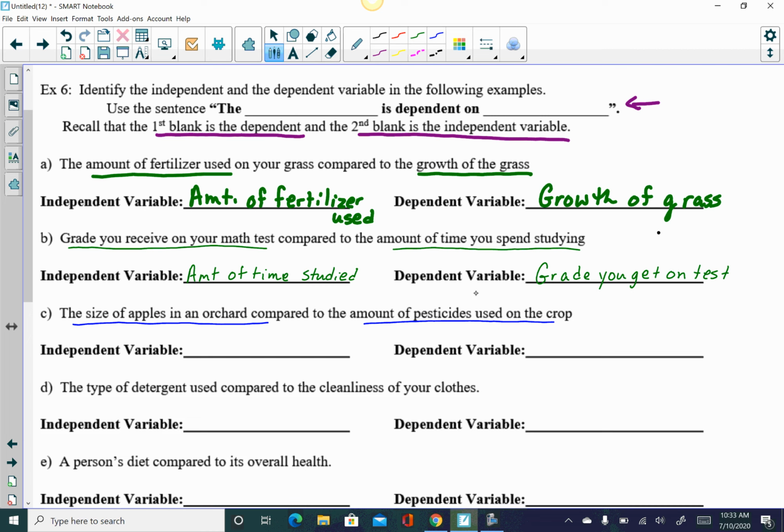Or does this sentence sound better: the size of the apples would be dependent upon the amount of pesticides used, right? Hopefully you agree that sounds better and makes more sense, that the size of the apples would be dependent upon the amount of pesticides used.